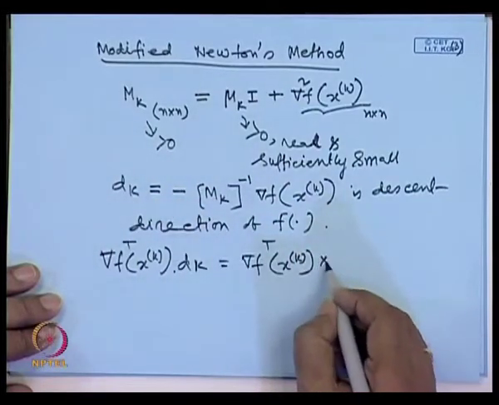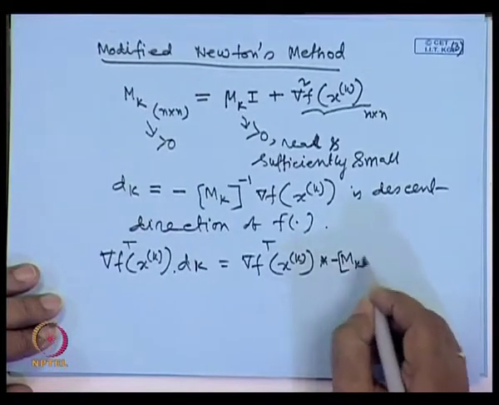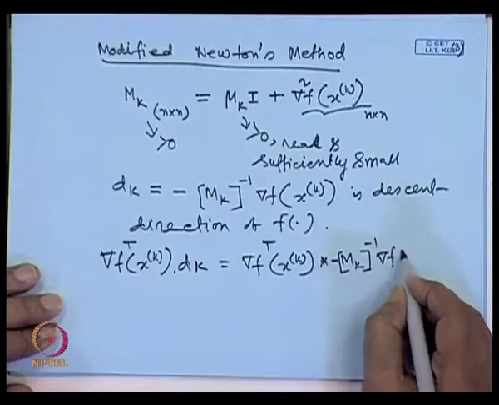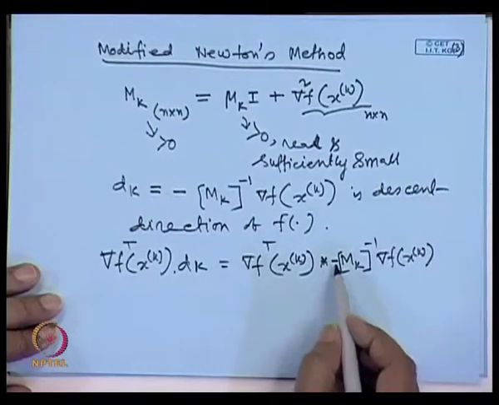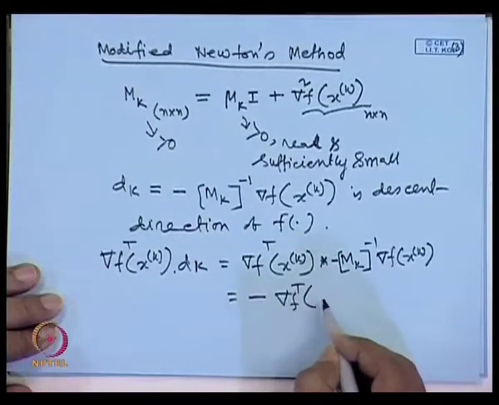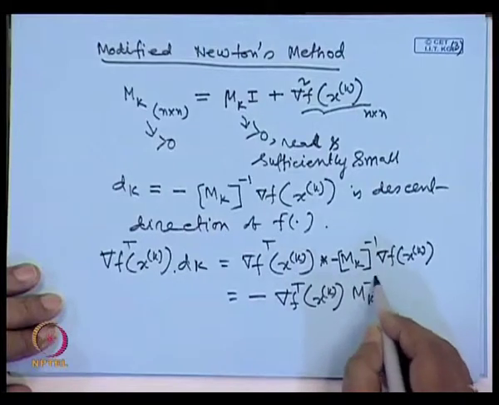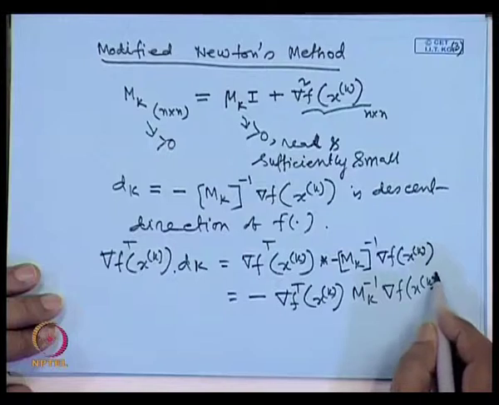So, it is minus, then you write M k whole inverse, then the gradient of that. Now, again minus is there, I can write minus del f transpose x of superscript k, M k inverse, del f x of k.